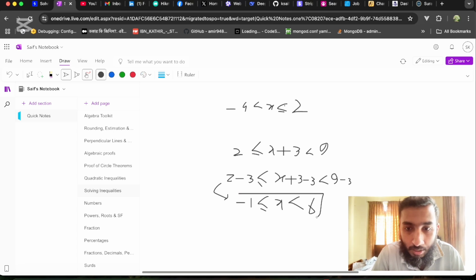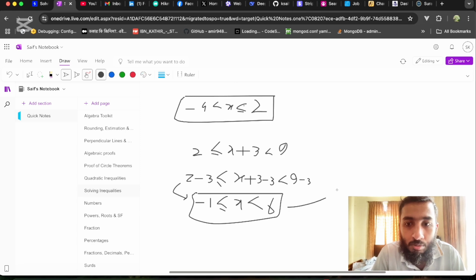So these are the two inequalities involving x. I have to find all the possible values of x from these two inequalities.